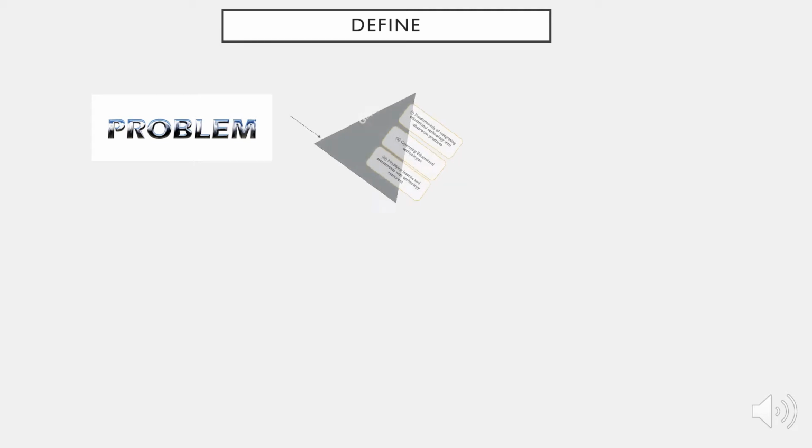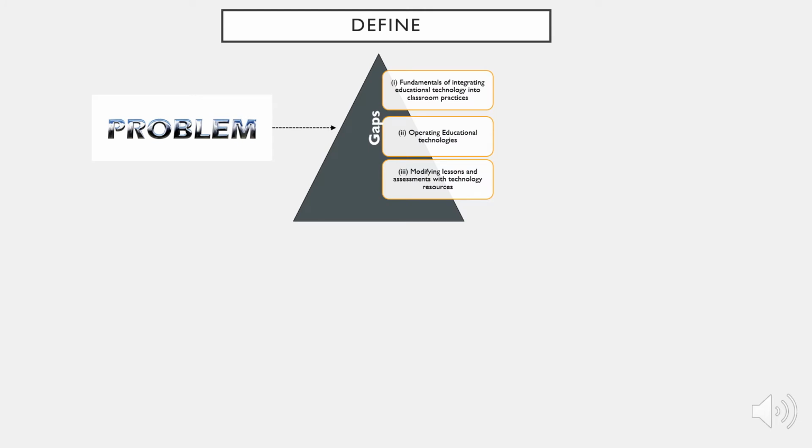It is therefore evident that these teachers lack the knowledge and skill that fail them to integrate technology tools in classroom practice and to operate and modify lesson and assessment with the technology resources. So this calls for an urgent need to address this gap through teacher capacity building or professional development so that the educational technology is wisely utilized by teachers in a different way from the next school year.